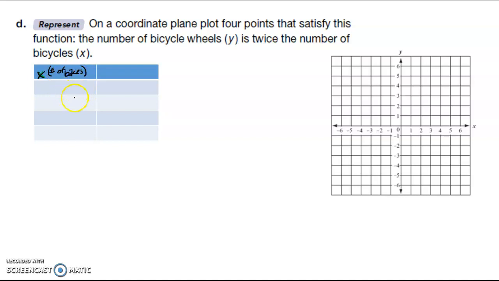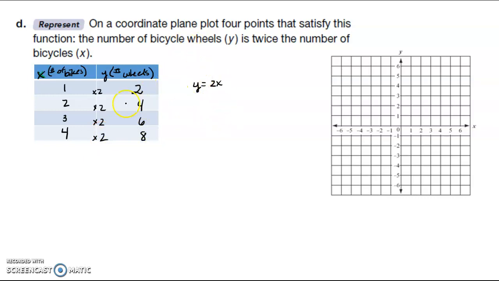So I can't have a negative number of bikes. So it's 1, 2, 3, 4 bikes. Okay, and then y is going to be the number of wheels. And I know that y is equal to 2 times x. So 1 times 2 is 2, times 2 is 4, times 2 is 6, times 2 is 8.